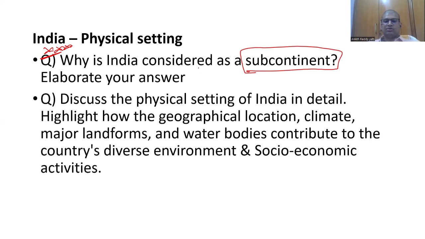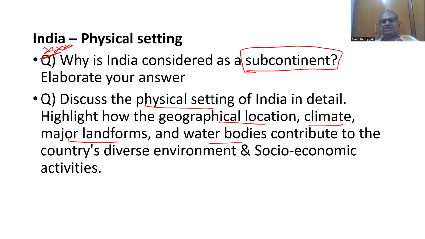Then similarly, they may ask you to discuss the physical setting of India in detail, like highlighting how the geographical location, climate, major landforms, and water bodies contribute to the country's diverse environment and socio-economic activities. You have to dedicate one para to each. First, start with the Indian diversity introduction, then move to the landforms.